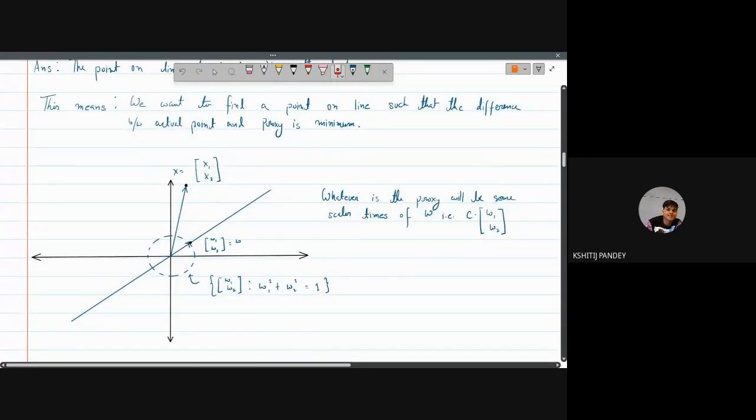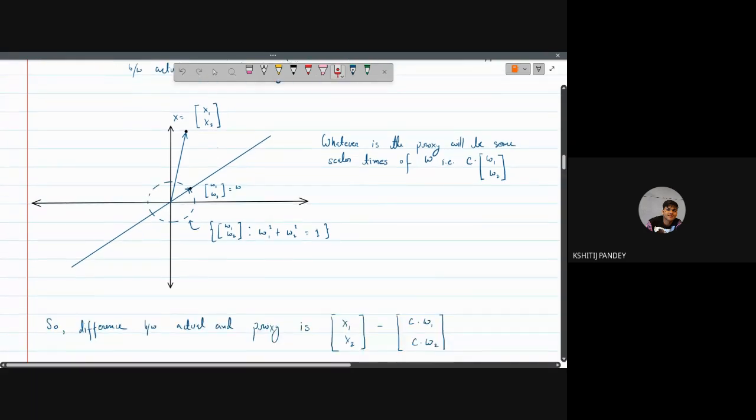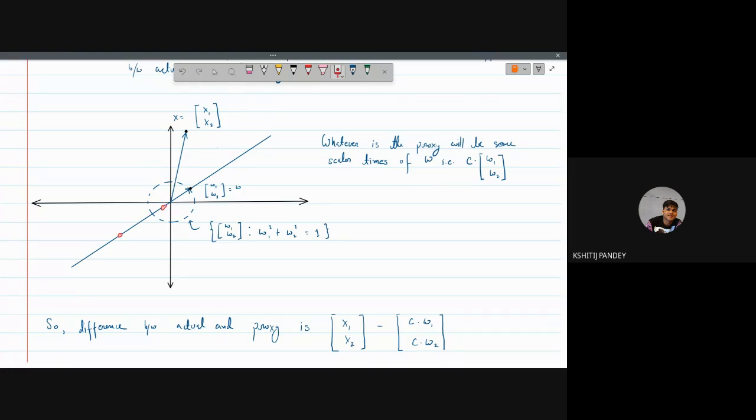We want to find a replacement. Let's say there is some point, it may be here, here, here. We don't know where it is. But whatever the point is, it will be some scalar times the representative vector. Is that clear? Why?